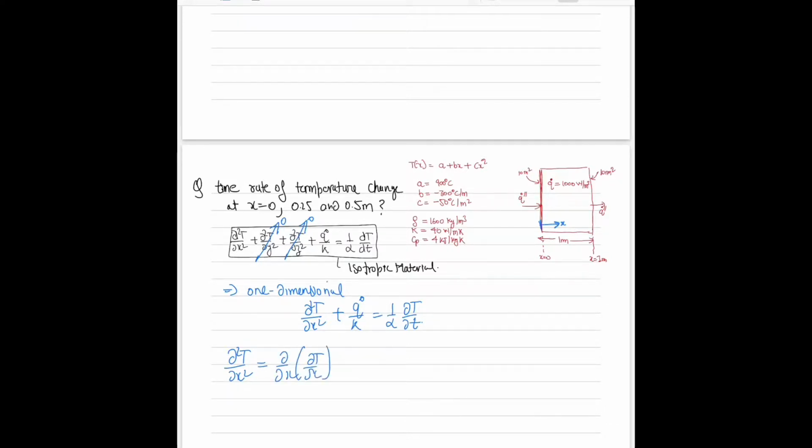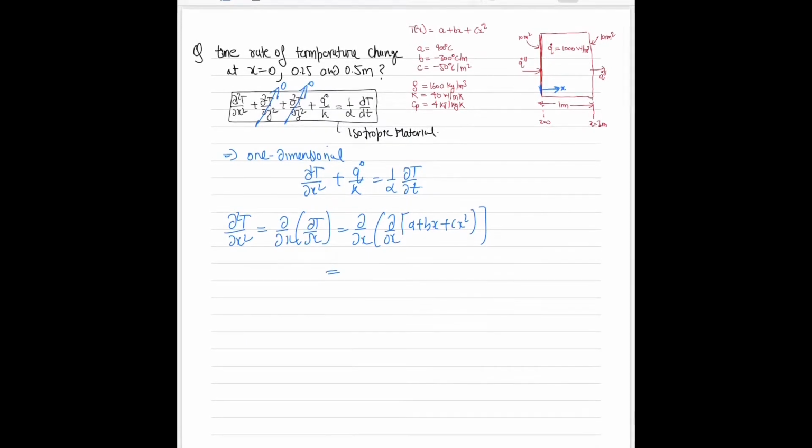Here del square T by del x square can be written as del by del x of del T by del x, and this is given as del by del x of a plus bx plus cx square, and this is equal to del by del x of b plus 2cx, and it further reduces to 2c, and we have the c value as minus 50 degrees Celsius per meter square, so 2c is minus 100 degrees Celsius per meter square.